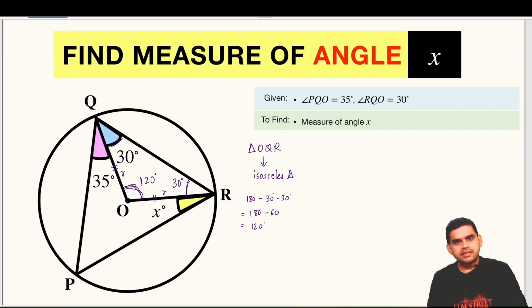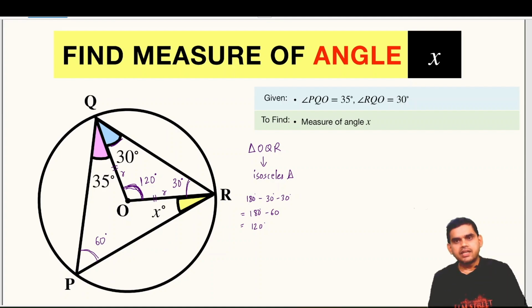Now, if this central angle formed by the chord QR is 120 degrees, then the angle formed by the same chord QR at any point on the circumference, let us take this point P, will be half of the angle formed at the center. So this will be 60 degrees.